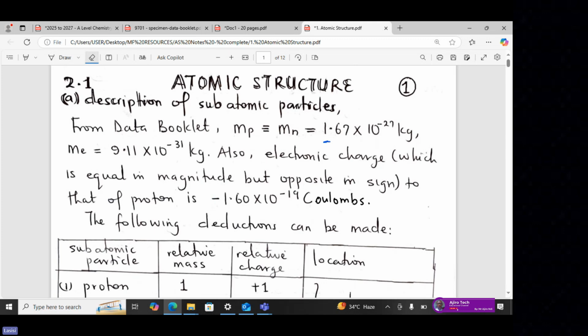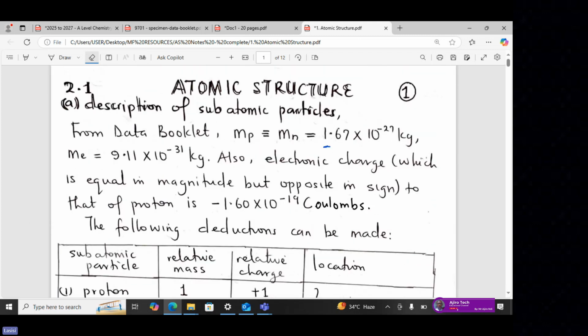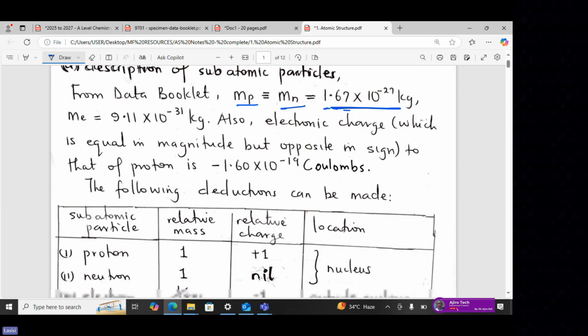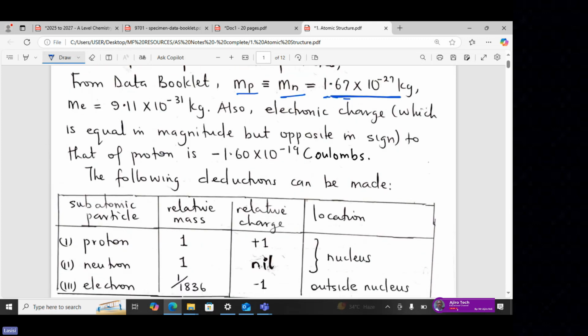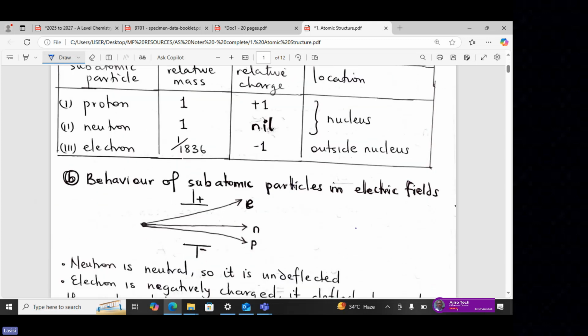Is that okay? Now, proton is mass 1, because the mass of proton and neutron are the same thing. Compared to each other, if the mass of proton is 1, the mass of neutron is also 1. What about the mass of electron? The relative mass of electron will be 9.11 times 10 to the power minus 31 over 1.67 times 10 to the power minus 27.